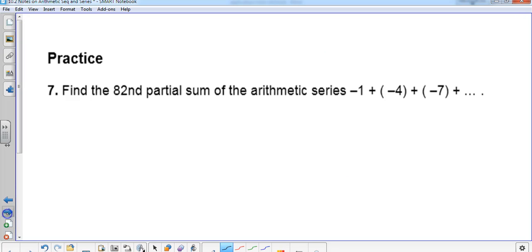All right. Find the 82nd partial sum of this one. Can you try this one on your own, guys? You're going to have to find term 82 first.